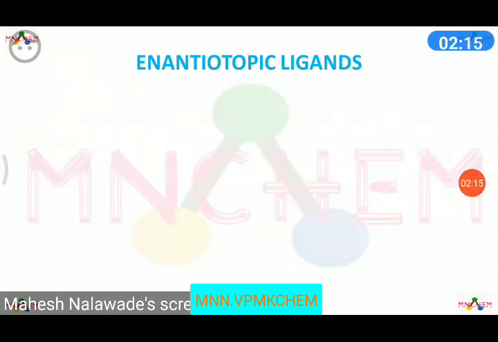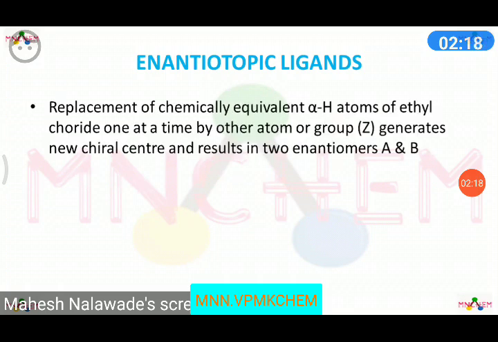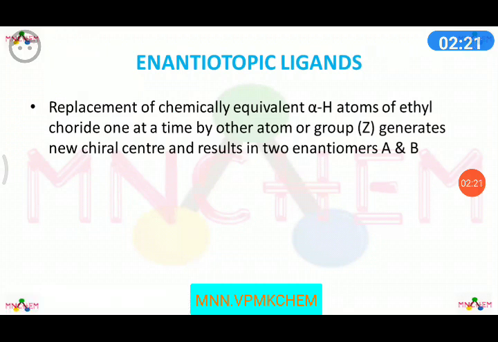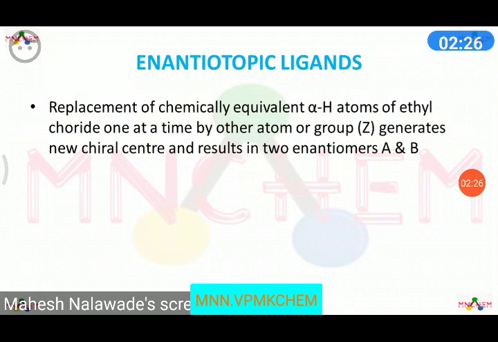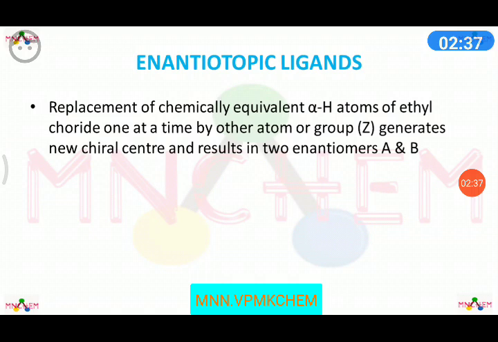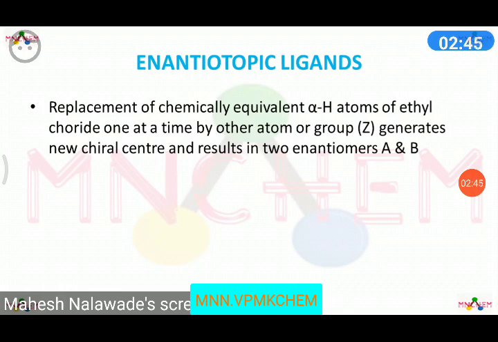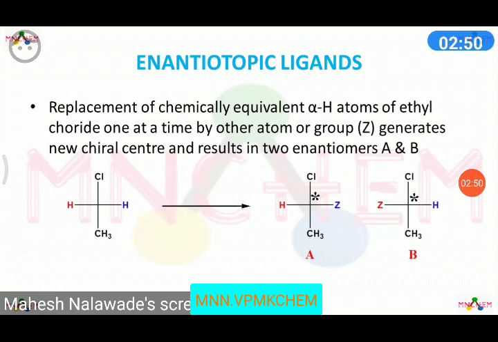So let's have the example. For example, if we have an ethyl chloride molecule and I replace the chemically equivalent alpha hydrogen of ethyl chloride by, say, a group Z, then this change results in two enantiomers A and B. Here in this reaction we can see the structure of ethyl chloride.